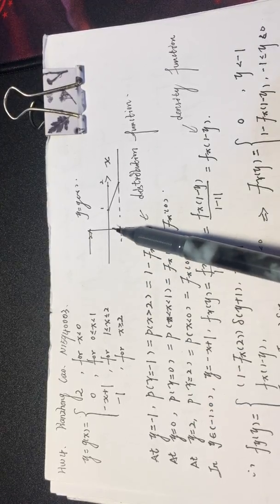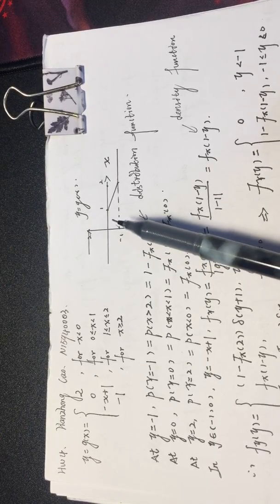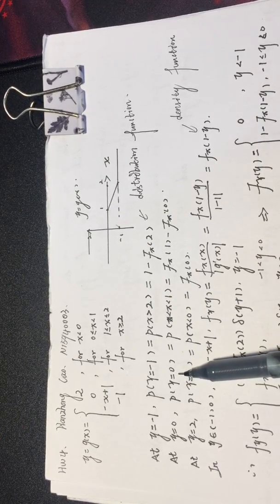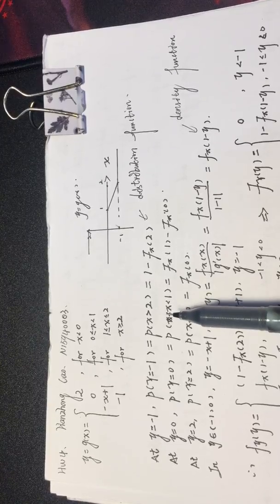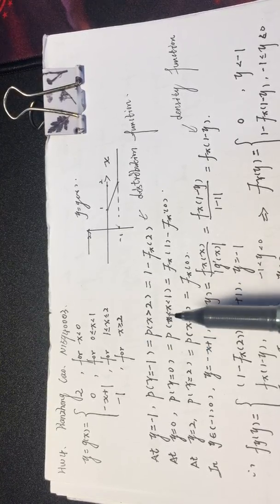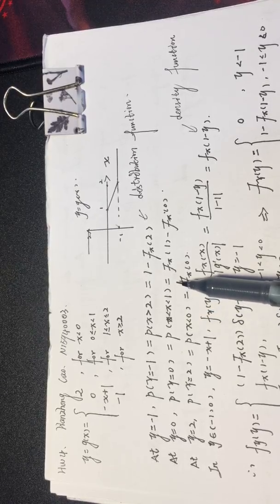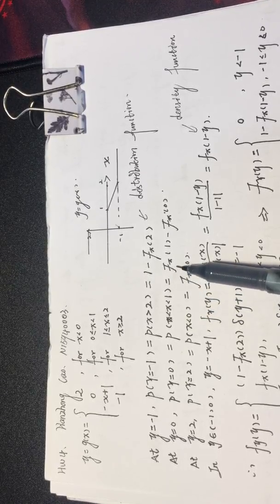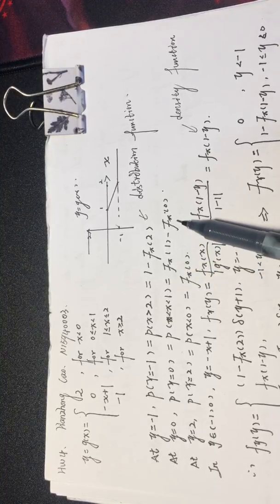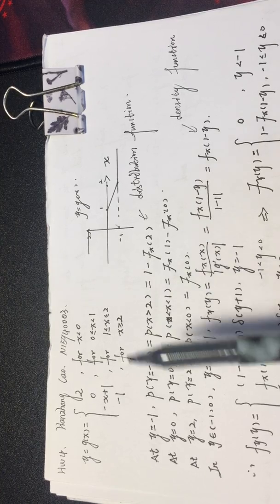The second range is that y equals 0. We can see that when x is between 0 and 1, it meets the requirement. So the probability of x between 0 and 1 can be written as the distribution function of x at 1 minus the distribution function of x at 0.